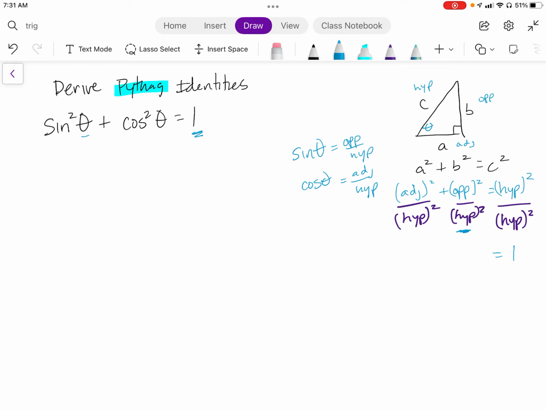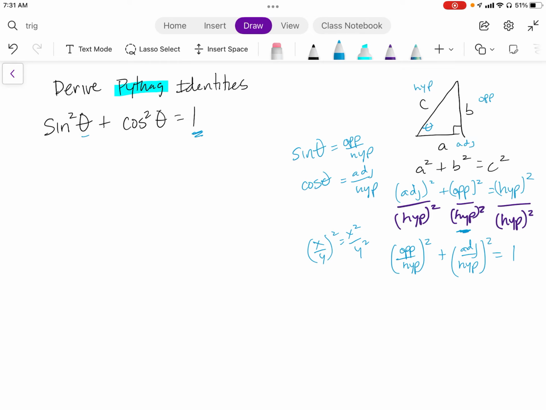So I can rewrite this as opposite over hypotenuse squared, plus adjacent over hypotenuse squared, because any x over y squared is equivalent to x squared over y squared.